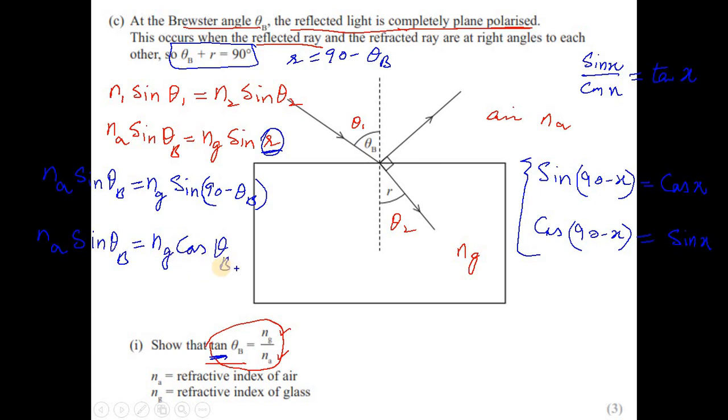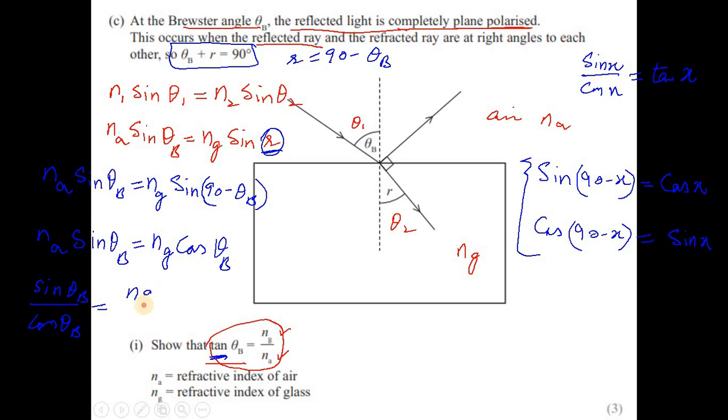Now you just rearrange: send cos theta b to the other side and bring Na to the right side. So sine theta b divided by cos theta b is on the left hand side, equal to Ng divided by Na on the right hand side.